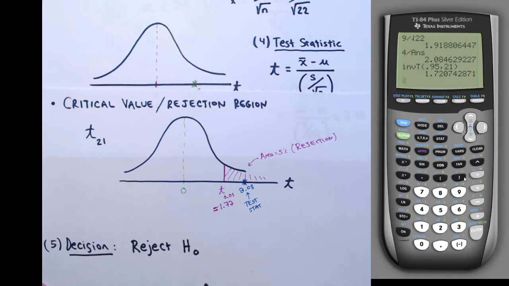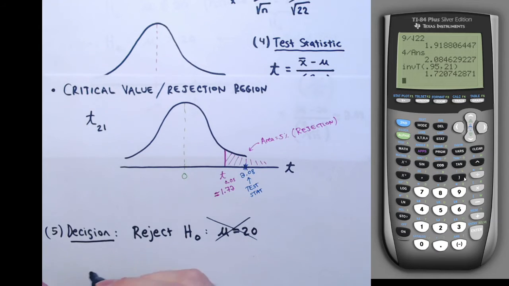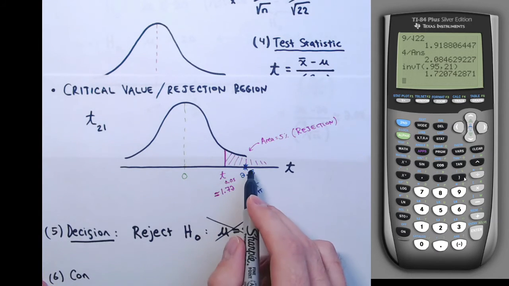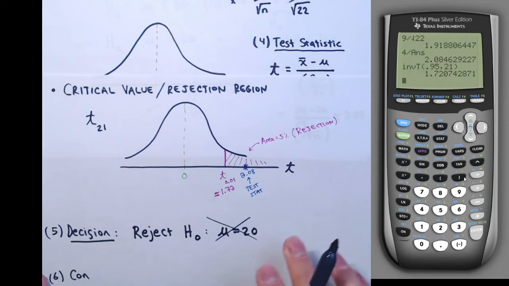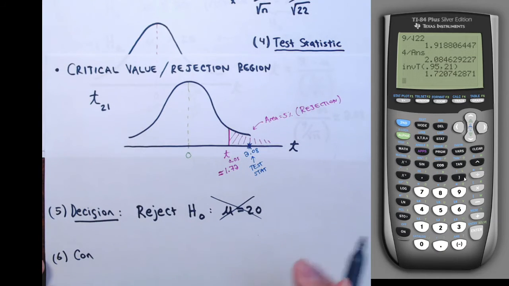So we're going to reject that null hypothesis that the mean was equal to 20, right? So that means we don't like that, and I'm rejecting it. And of course, if the test statistic is not in the rejection region, you don't reject the null hypothesis. You keep it.